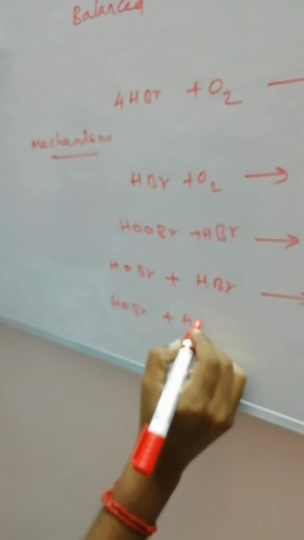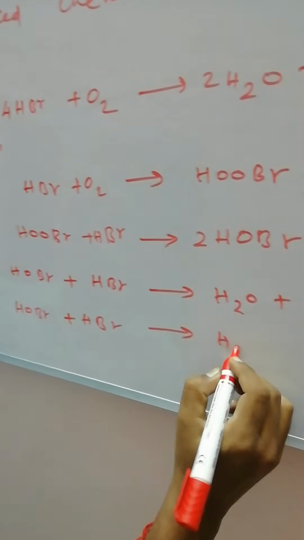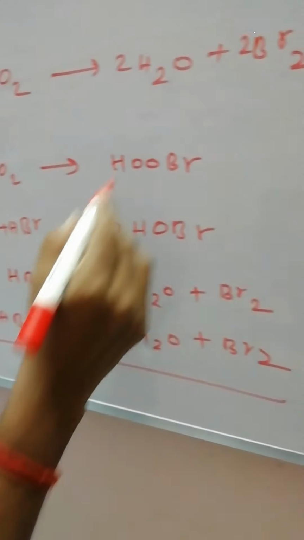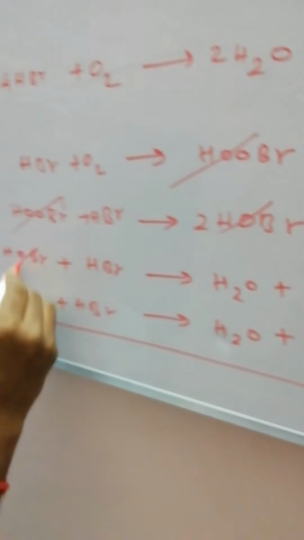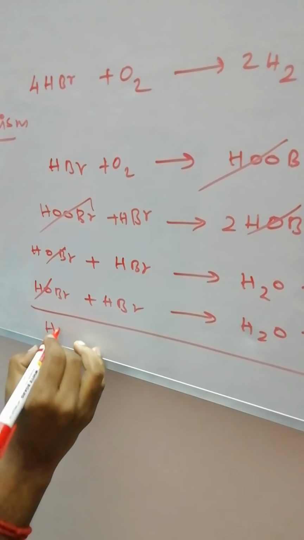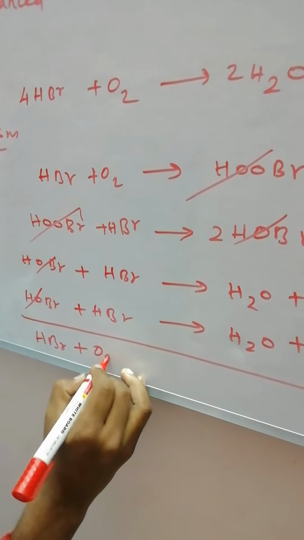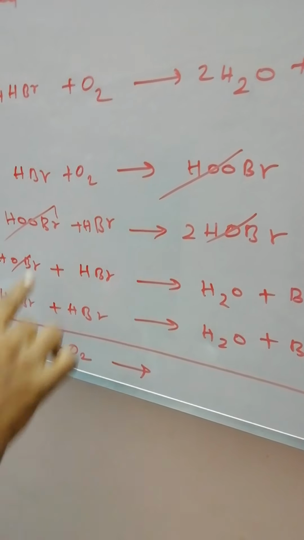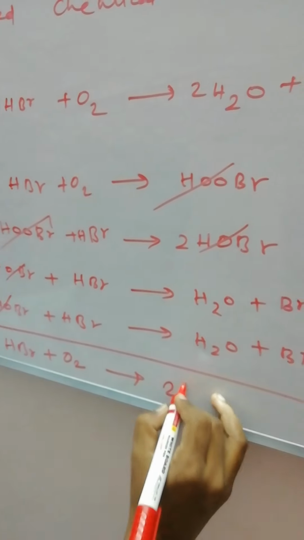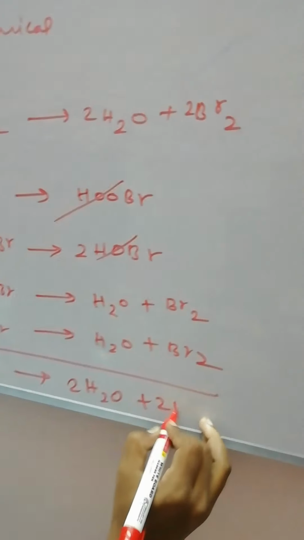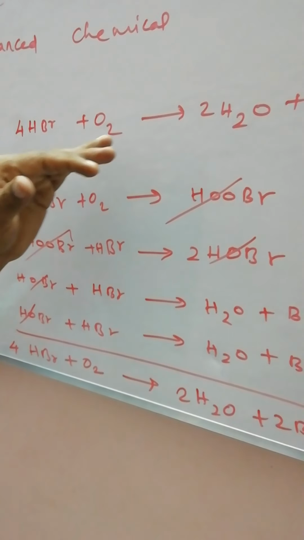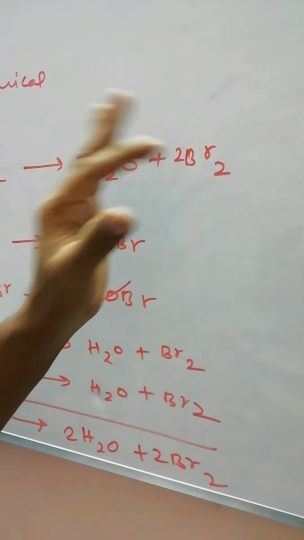Then HOBr plus HBr gives H2O plus Br2. On adding all these equations, we get 4HBr plus O2 gives 2H2O plus 2Br2. So in this reaction, we simply write 4HBr plus O2 gives 2H2O plus 2Br2.